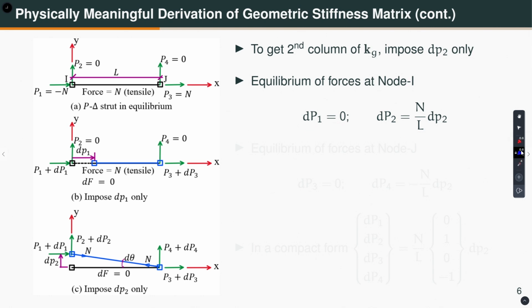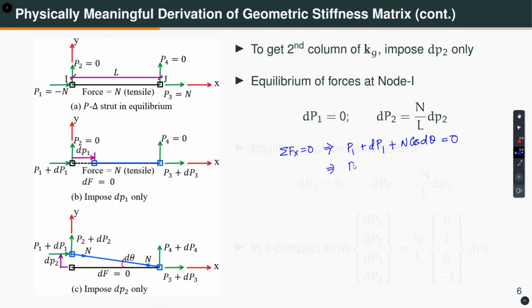Let me do it. If I do summation Fx equal to 0, then I have P1 plus dP1 in the x direction, plus n, the axial force, that means this force and its cos component, cos d theta, equal to 0. Now this d theta is small, so cos d theta becomes unity.